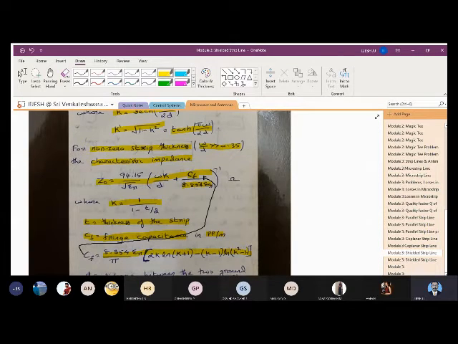So how will you proceed if a problem comes in this way? You may write the equation first for Z naught, the basic equation, and then go for finding the K value, because T and D may be given to you. T is the thickness and D is the thickness of the dielectric material.